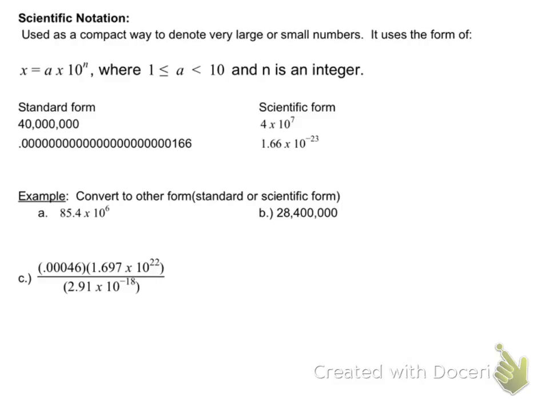Next thing that's going to be very helpful for us is scientific notation. Remember, scientific notation is a compact way to denote very large or small numbers. It's in the form that you have a number between 1 and 10, right? It can be equal to 1, but not to 10. So basically, 1 to 9 point something, times 10 to some integer power.